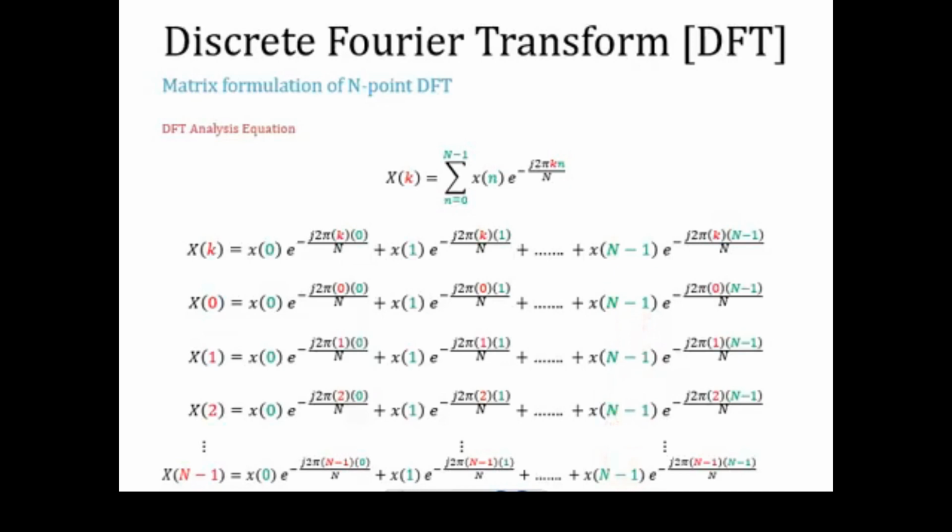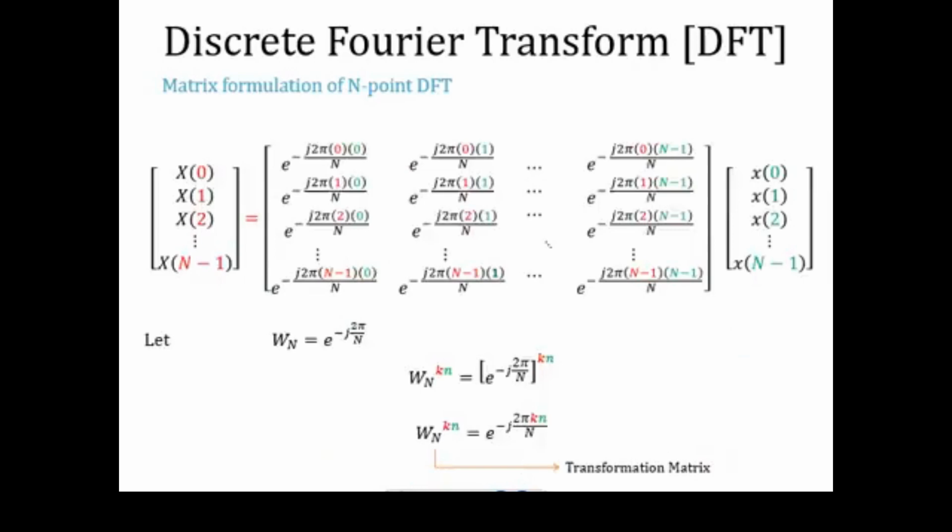So these are n number of equations, and I hope you can easily represent these n number of equations in terms of matrices. So let's see in the next slide how we can represent these n number of equations in the form of matrices. So this is how we can represent those n number of equations in the form of matrices.